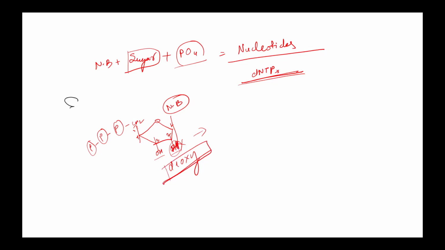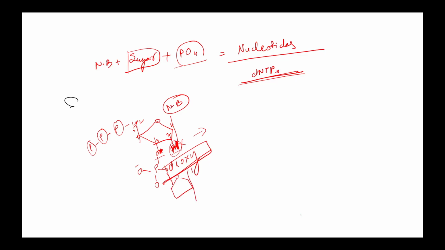And this 3' OH group is involved in the phosphodiester bond formation with the next nucleotide, and that's how the chain continues.